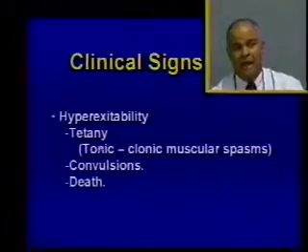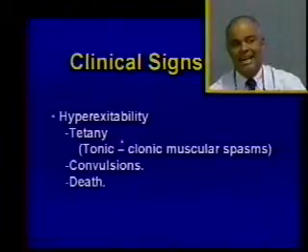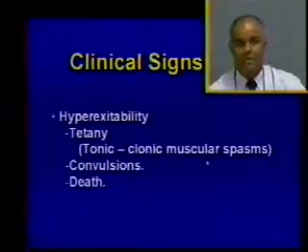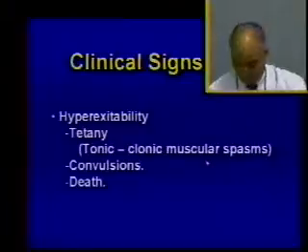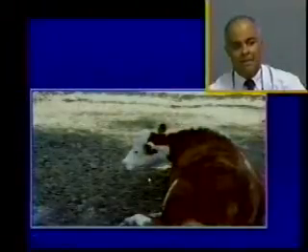With hypomagnesemia there are tetanic spasms, tonic-clonic muscular spasms, almost similar to the ditch in small animal medicine with eclampsia. And this is just a picture of a Hereford beef cow with hypomagnesemia. If I were to show you this in a movie, you could almost visualize the spasms, the head jerking, the rigidity and contraction of the major muscle groups.